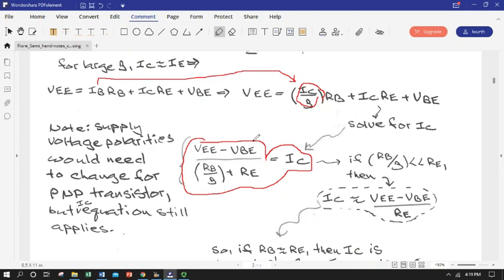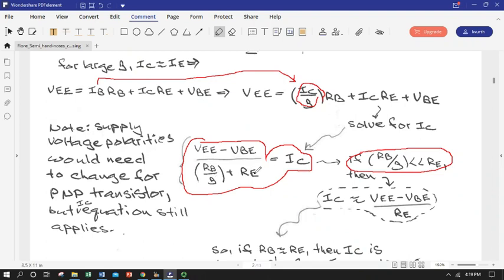So is this collector current going to be stable if beta changes? That was one of the things we wanted to achieve. Well, beta is usually a pretty big number. So if the base resistor is anywhere close to the emitter resistor, then this will be true. If beta is like 100 and the base resistor is 100 ohms and the emitter resistor is 100 ohms, this is going to be 1 plus 100.